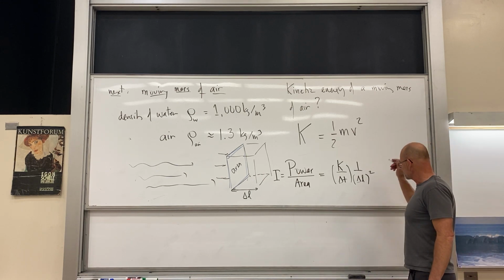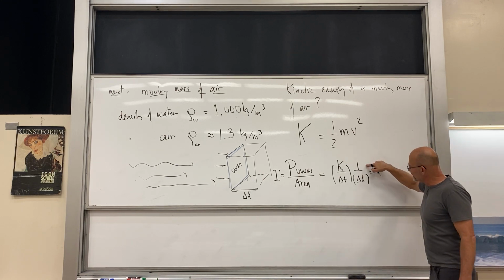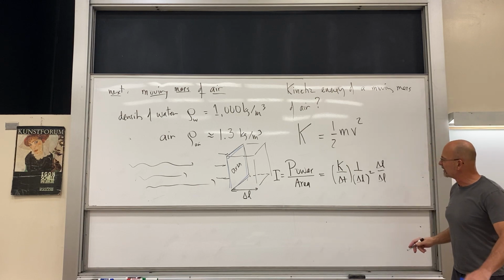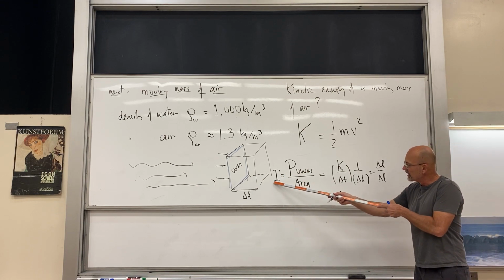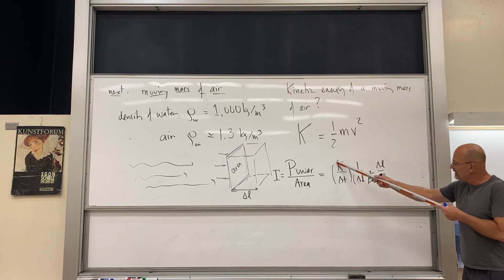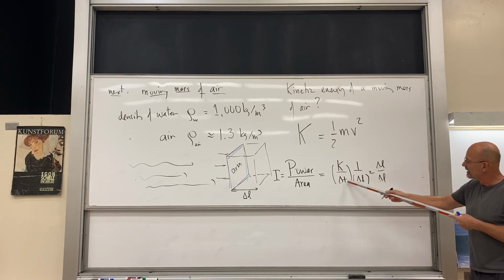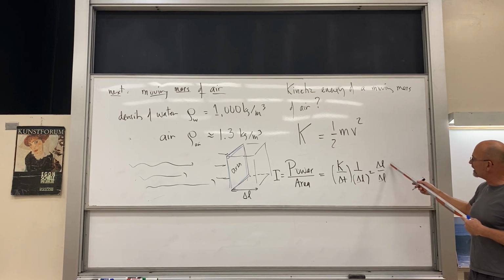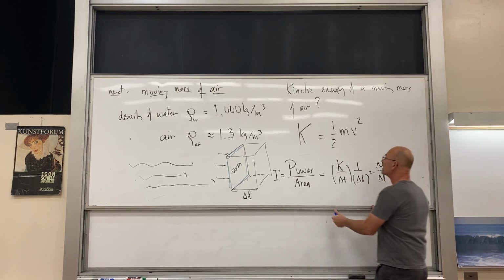Okay. Now I'm going to take this and multiply by delta L over delta L, which is just a 1, right? So intensity is power per area, is energy per time per area, and I multiplied by 1, delta L over delta L.